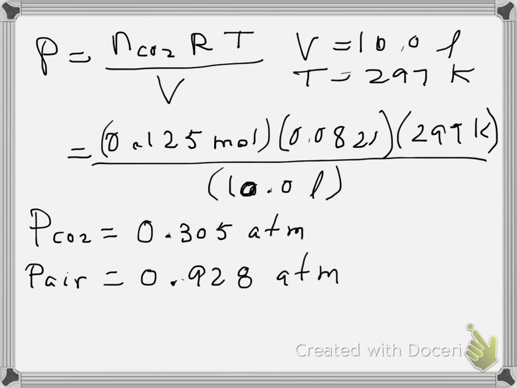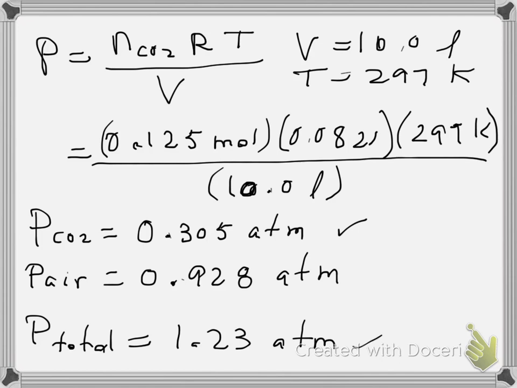Okay, and then if I add those up, plus 0.305, I get 1.23 atmospheres. So the pressure from the carbon dioxide is 0.305, and the total pressure then, if I add those up, would be 1.23 atmospheres.